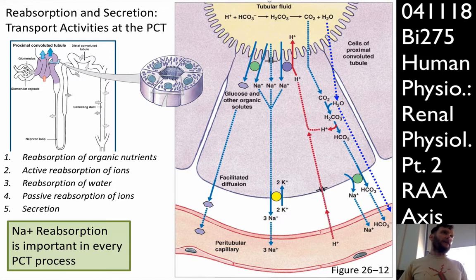So sodium is the key to all of the functions that are happening at the proximal convoluted tubule. Okay, you guys following that one? I'm not going to hold you to all the very nitty-gritty details of that, but the idea is that we're absorbing nutrients, ions, and water, both passively and actively. And in all those situations, it requires sodium.